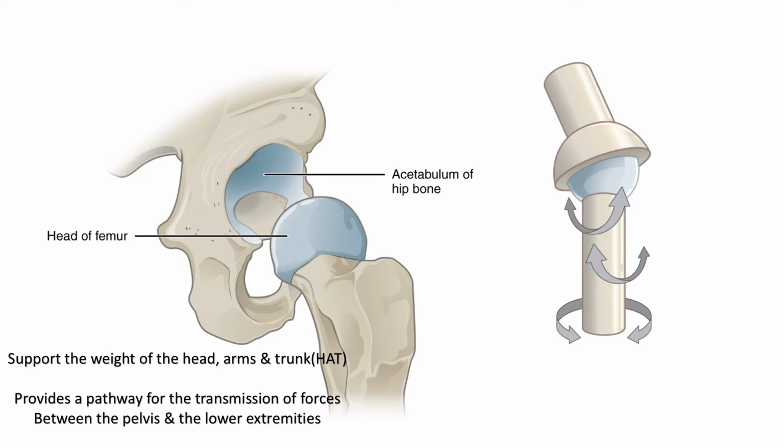Primary function of the hip joint: support the weight of the head, arm and trunk, both in static erect postures and dynamic postures such as ambulation, running, and stair climbing. Provides a pathway for transmission of forces between pelvis and the lower extremities.